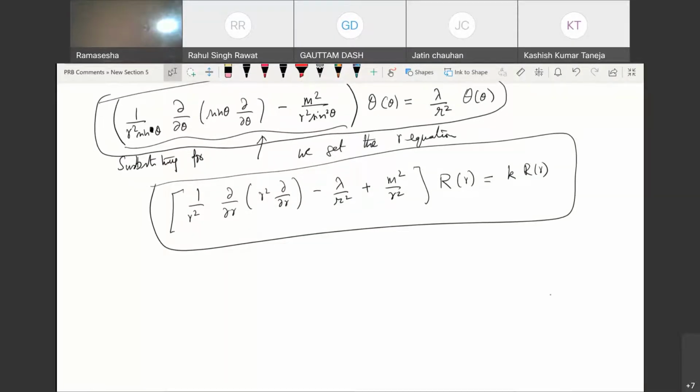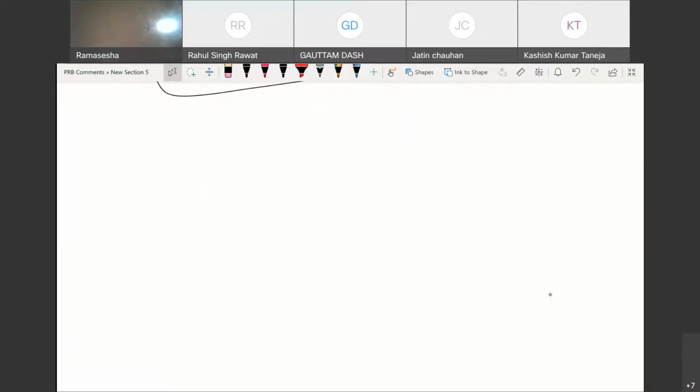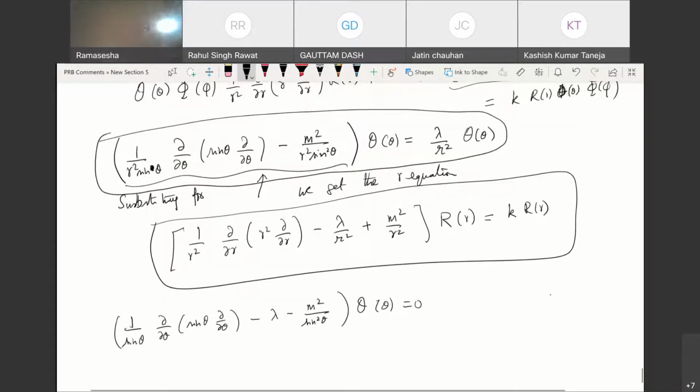Yeah, we will have theta equal to, okay, I'll show you that.